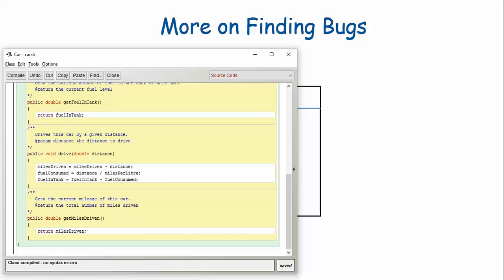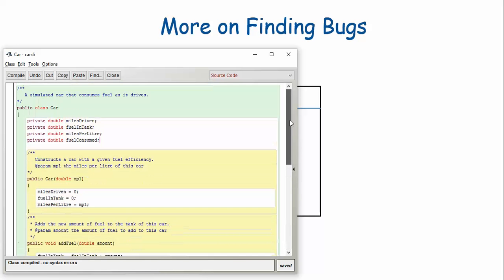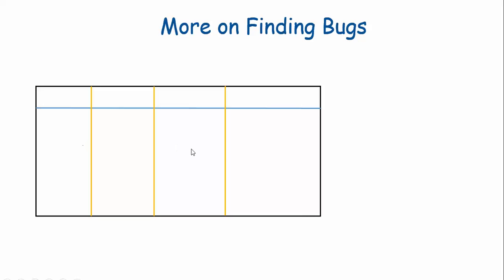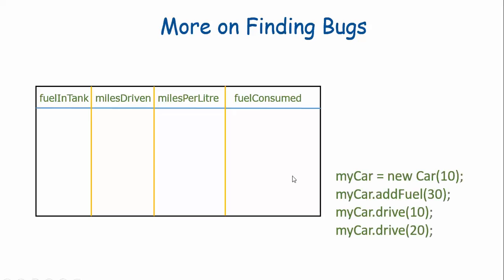As we have seen in the previous state class, our class contains now 4 instance variables, and that's why we have 4 columns here, and those instance variables are the headers of each column: fuel in tank, miles driven, miles per liter, and fuel consumed. So let us take the same scenario that we have used earlier.